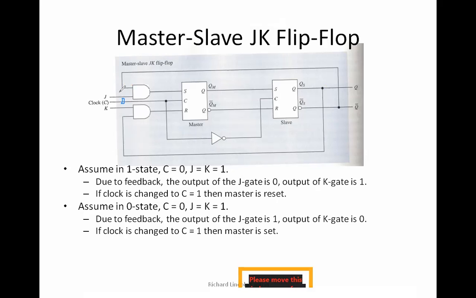C is equal to 0, J is equal to 1, K is equal to 1. We are assuming things. Due to feedback, the output of J gate is 1. So let us take this as 1. So which means this also becomes 1, 0, 0. So which means here 0.